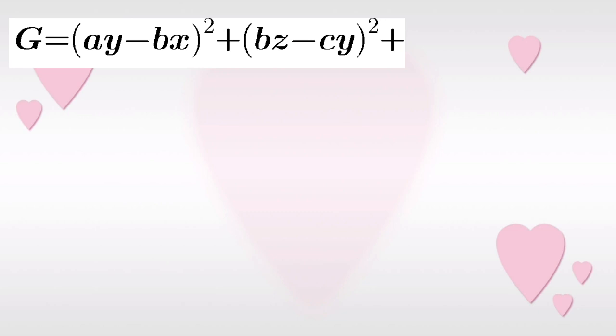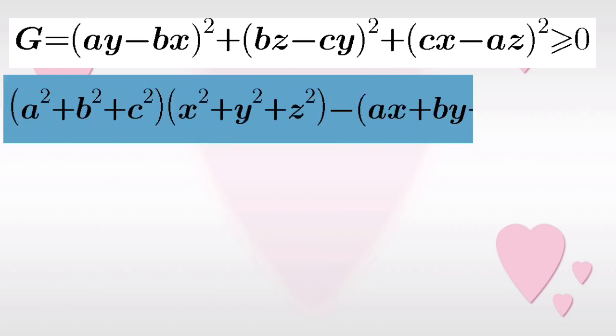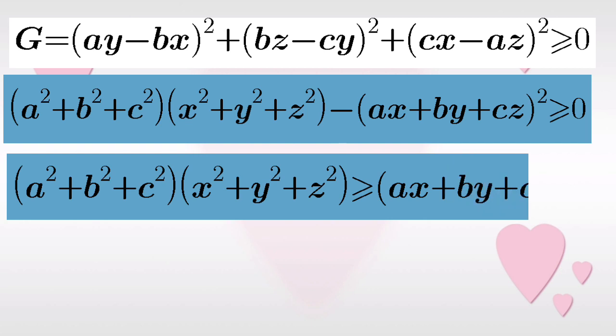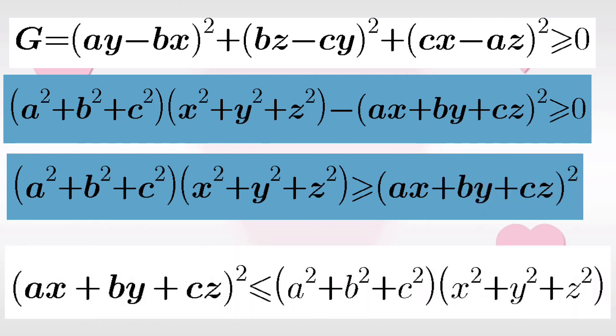Therefore, G ≥ 0, that is, (a² + b² + c²)(x² + y² + z²) − (ax + by + cz)² ≥ 0. By simplifying this, we get (ax + by + cz)² ≤ (a² + b² + c²)(x² + y² + z²).